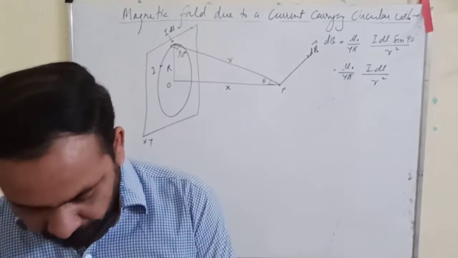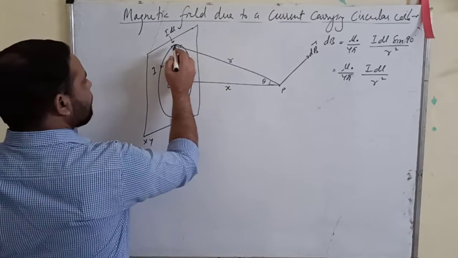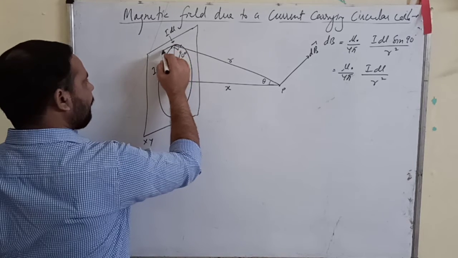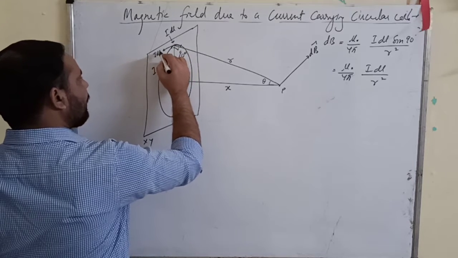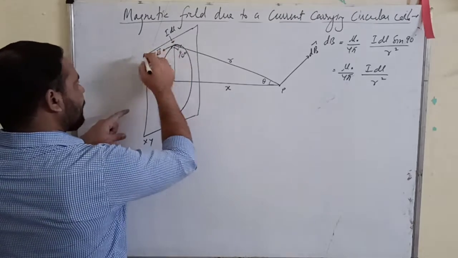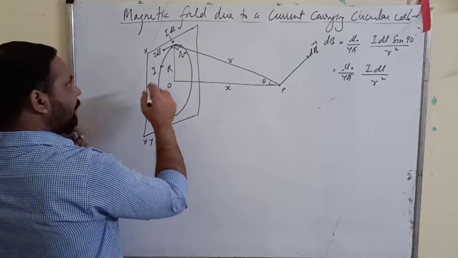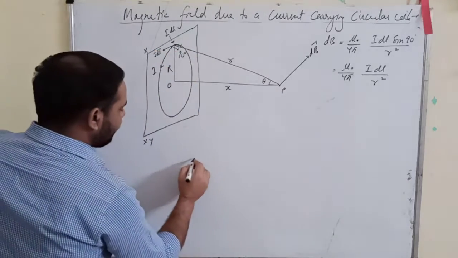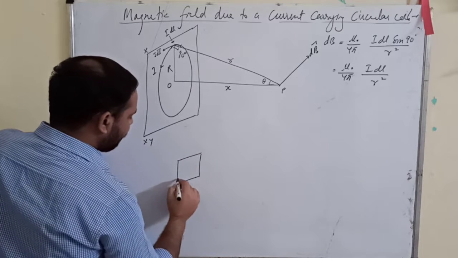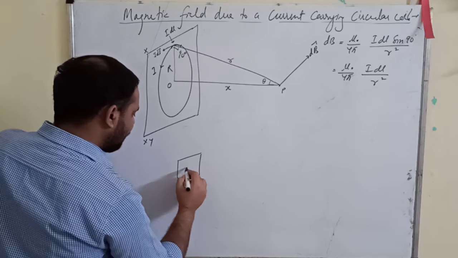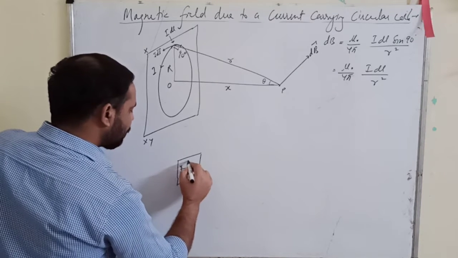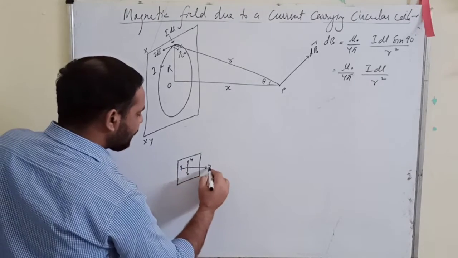r vector. Now here you can understand that if suppose the direction of current is anti-clockwise, then the direction of I dL vector is tangential here. So if suppose this axis is your x-axis, this vertical axis is y, and this is z.